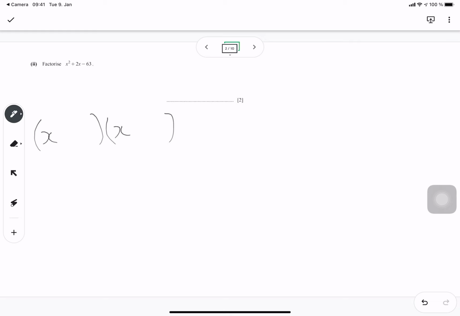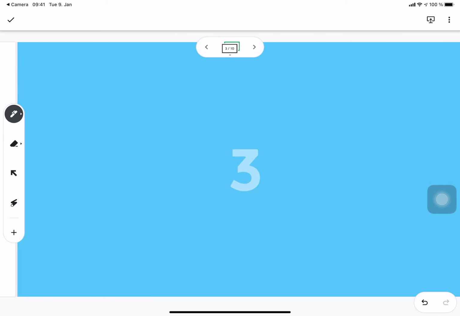I can only think of two of those which have a difference of 2, so it's 7 and 9. 7 times 9 is 63, minus 7 times positive 9 is minus 63, positive 7 times minus 9 is also minus 63, so which way do I have to add them to make plus 2x? Well, that's going to have to be negative, and that's going to have to be positive. This links in nicely with the second part, so we've already factorized it.